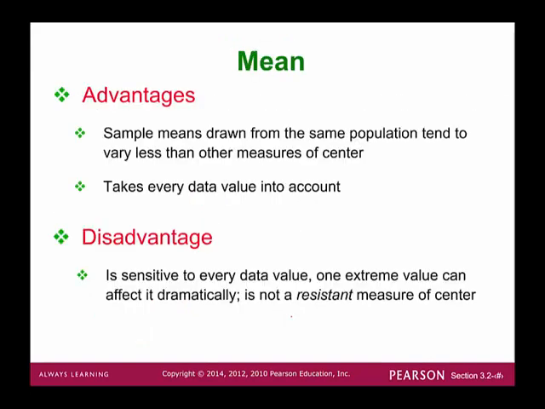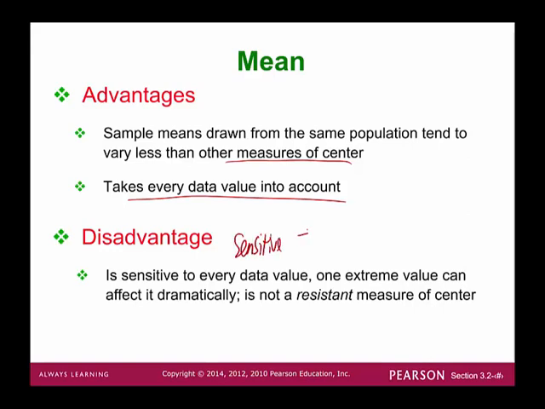So the advantage of using the mean: sample means from the same population tend to vary less than other measures of the center. Also, we take every data value into consideration. That's the advantage of the mean. The disadvantage is it's very sensitive to the outliers, extreme values.